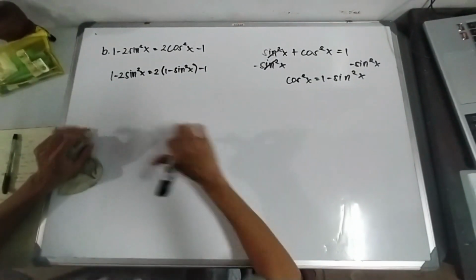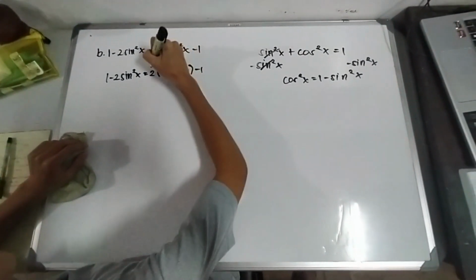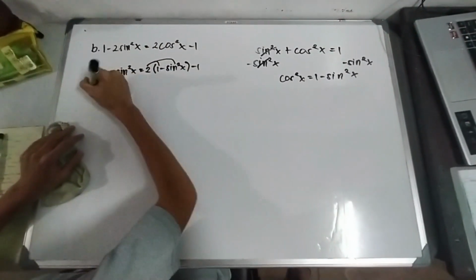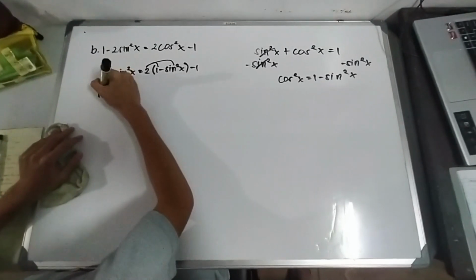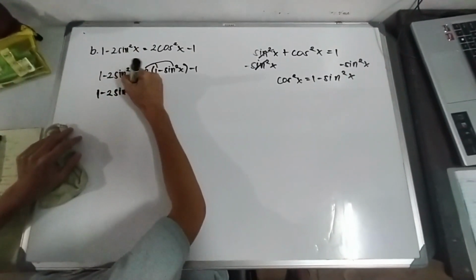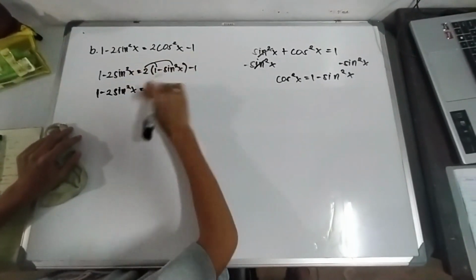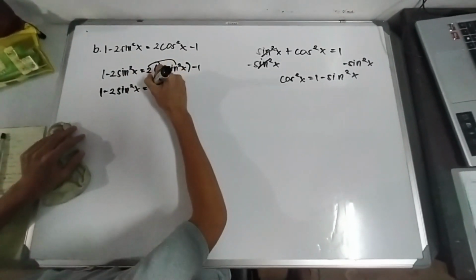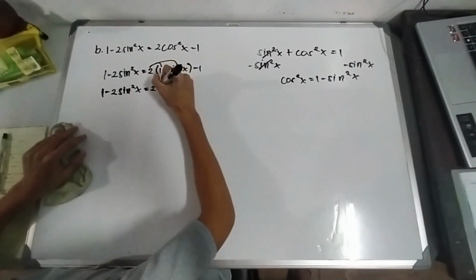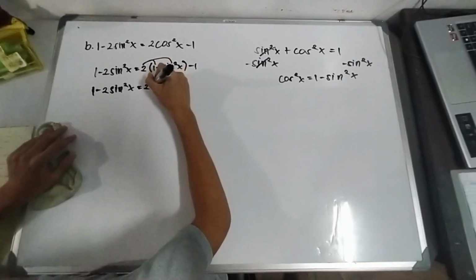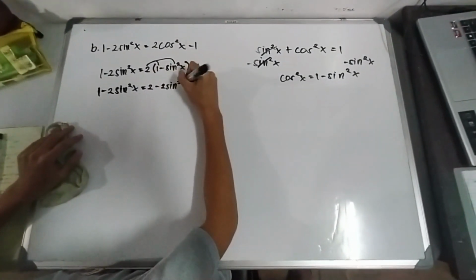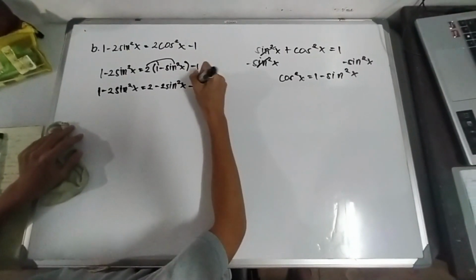So we will have 1 minus 2 sine squared x equals 2 times the quantity 1 minus sine squared x, minus 1. And after this, we will distribute this. It will be 1 minus 2 sine squared x equals 2 times 1 is 2, and 2 times this equals negative 2 sine squared x, minus 1.